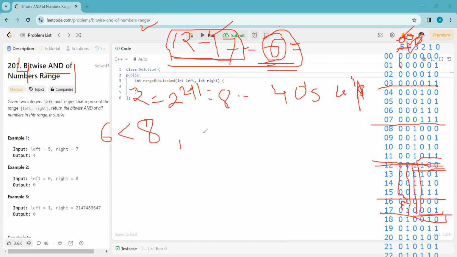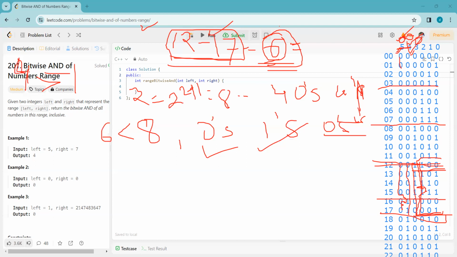That means it still may contain all zeros, all ones, or some zeros and some ones. Now, since after removing the fifth, fourth, and third bit from this range our number looks like 4 and 1, that is, left is greater than right, it will definitely contain some zeros, some ones. Why is it so?